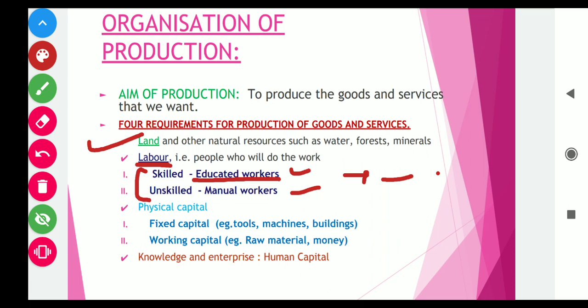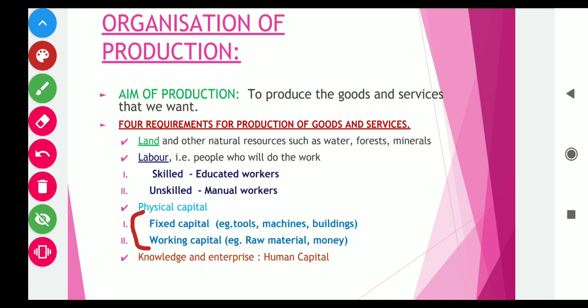The third requirement of production is physical capital. What is physical capital? Physical capital are the variety of inputs that is required at every stage during production. And this physical capital can be classified into 2 types, fixed capital and working capital. The fixed capitals are those inputs that can be used over many years.